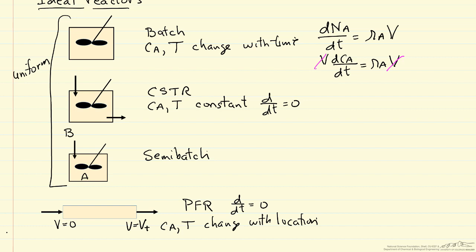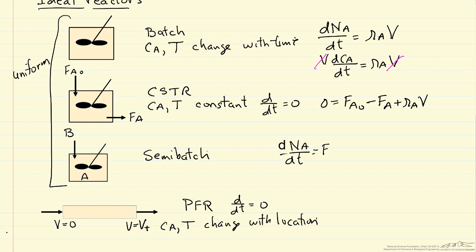CSTR, steady state, the mass balance is the molar flow rate entering, so FA0 here, minus the molar flow rate leaving, FA, plus the rate of reaction times volume. Semi-batch reactor can take different forms depending on exactly how we're running it.